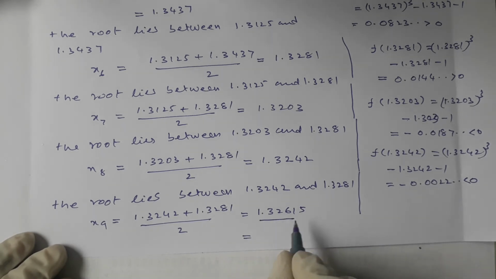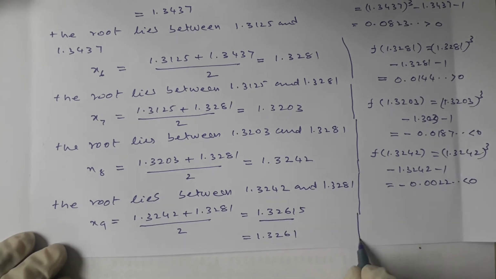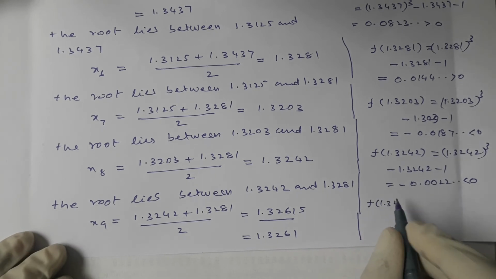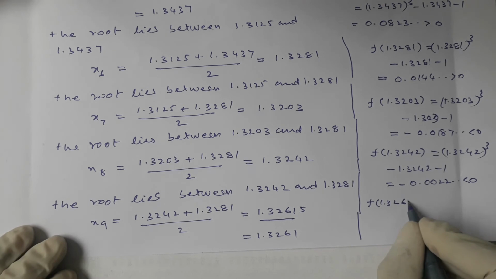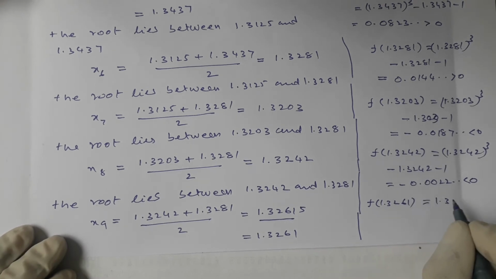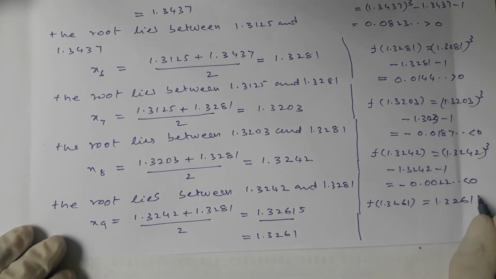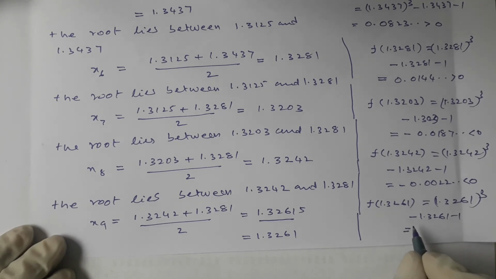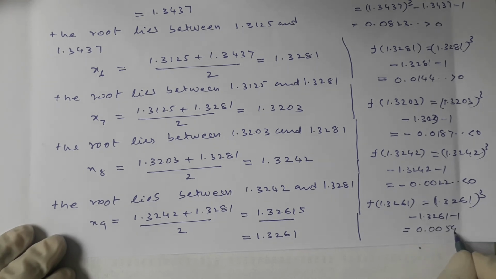I will take only up to 4 decimals, 1.3261, and f of 1.3261 is equal to 1.3261 whole cube minus 1.3261 minus 1, which is 0.0059.